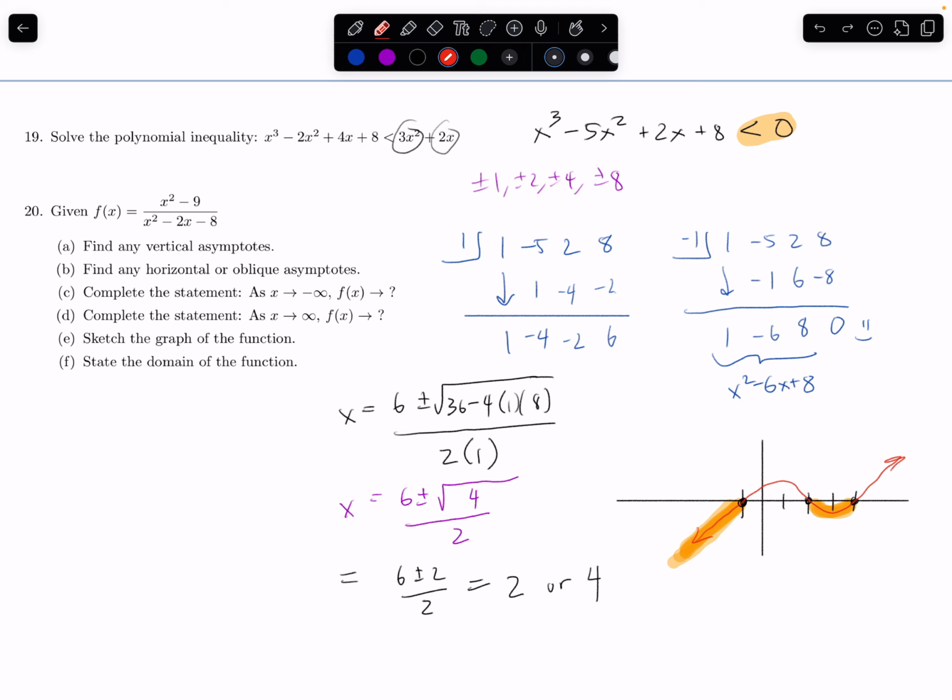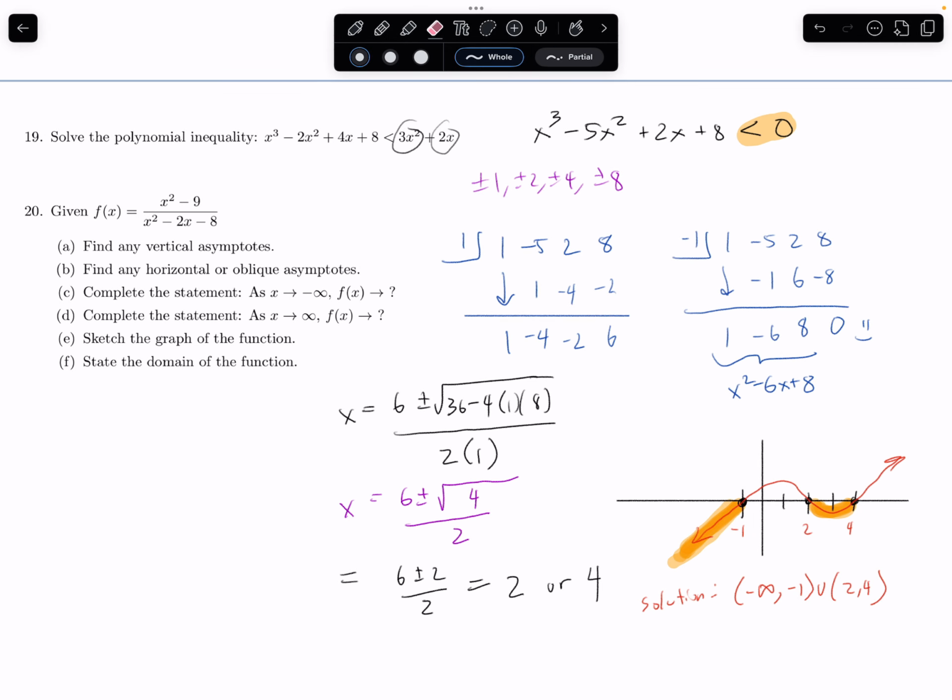Solution in red. This is negative 1 here. This is positive 2. That's positive 4. You want it to be strictly less than 0, so everything should be open brackets: negative infinity up until you hit negative 1, and then unioned with 2 to 4. So there you go.